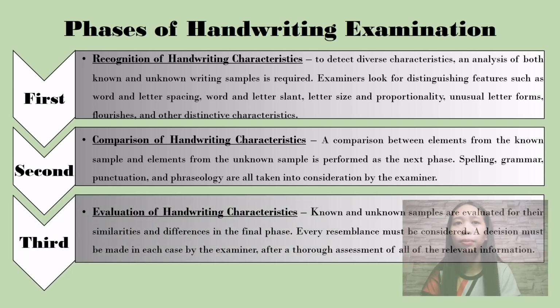And the last one, evaluation of handwriting characteristics. Known and unknown samples are evaluated for their similarities and differences in the final phase. So every resemblance must be considered. A decision must be made in each case by the examiner after a thorough assessment of all the relevant information.